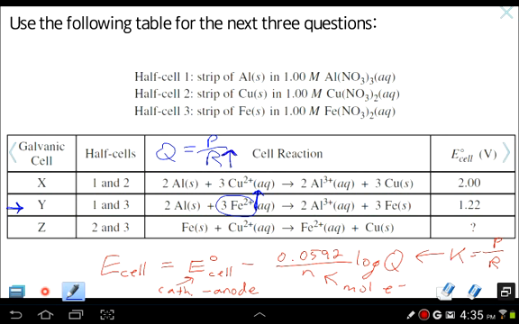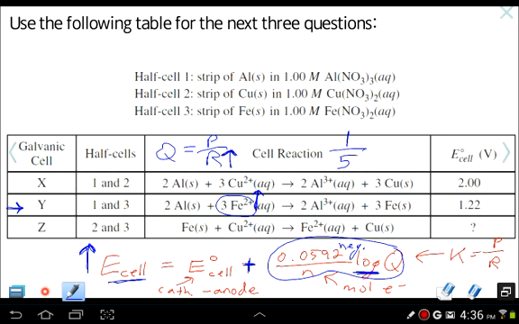The top is still going to be 1, and the bottom now is 5. So 1 over 5 gives us a fraction, a number smaller than 1. Anytime you take a log of a number smaller than 1, you get a negative. So this whole term becomes negative. Since we're subtracting a negative, overall we have a positive change, and the cell voltage goes up.